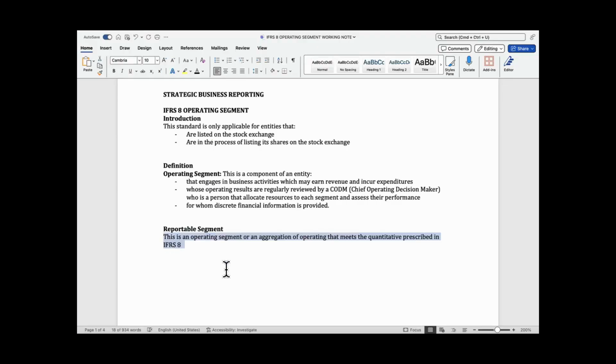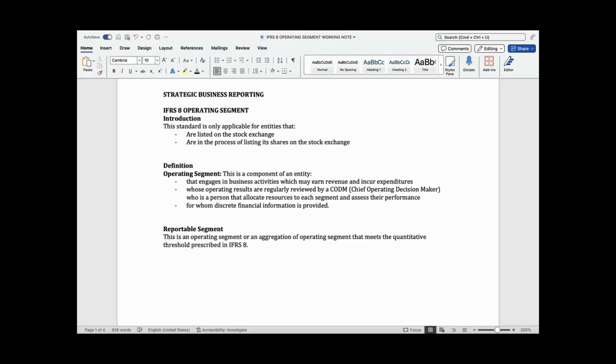So if you look at this definition, we said a reportable segment can be just an operating segment. It could be an aggregation of operating segments that meets the quantitative threshold prescribed in IFRS 8.